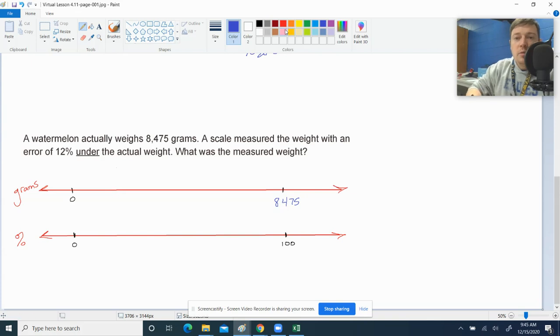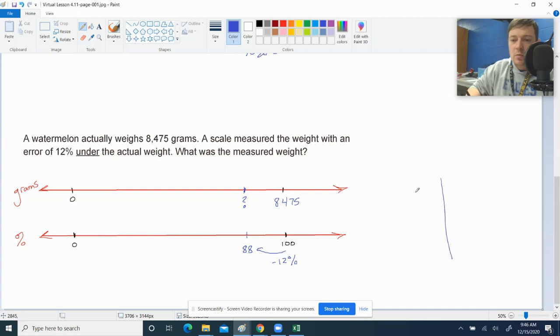So 12% under would be like going down 12%. So they were down 12%. That would land us at 88%. And the question is, what was the measured weight that the scale made? What is this mystery number here?